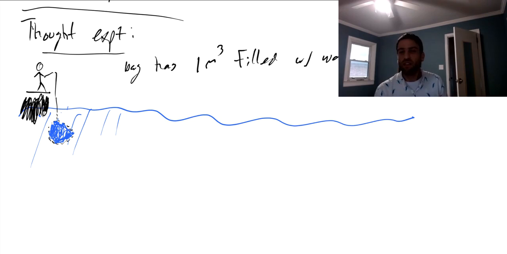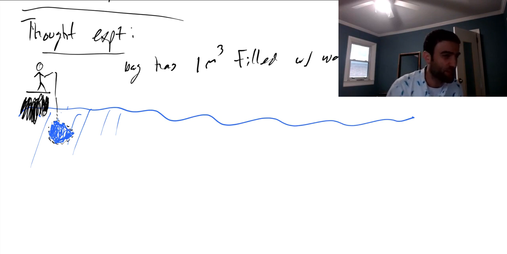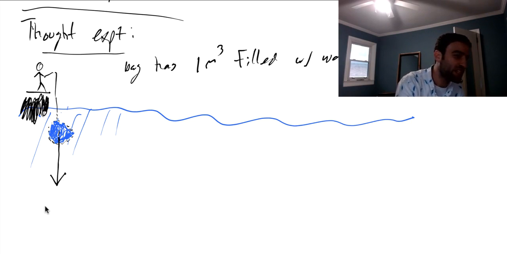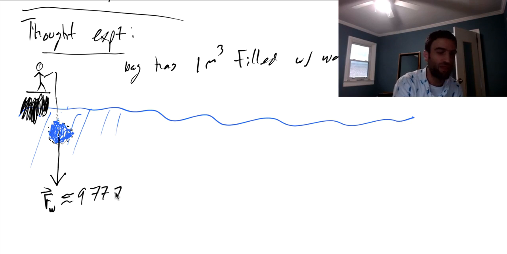Okay, well, what forces are acting on this bag in the first place? Water has mass, so gravity is acting on it. If I use the standard numbers for the density of water and the acceleration due to gravity, there is a weight pulling down on this bag, which turns out to be about 9,777 newtons.